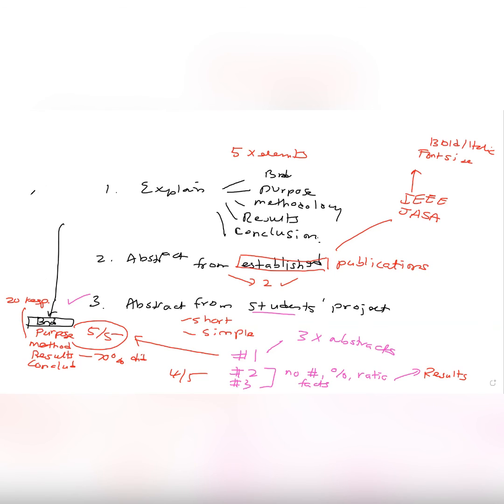Because the idea is that a helmet is important, or essential, when you are riding a motorbike, in order to protect yourself, especially your head. Okay? So that's the 5 elements in the abstract and the body of the report, and why it is important. I've shown you how it is arranged in the established publication as well as in the student project.